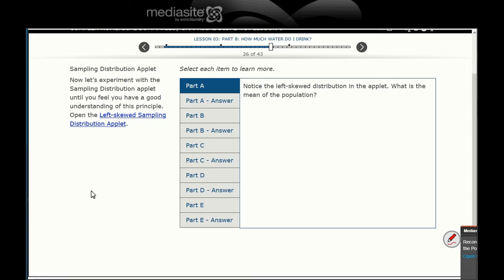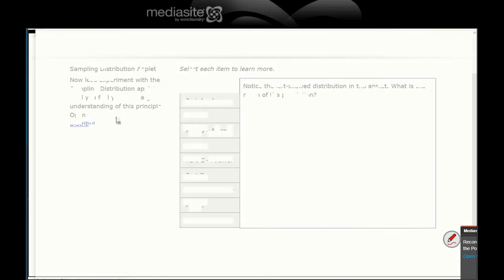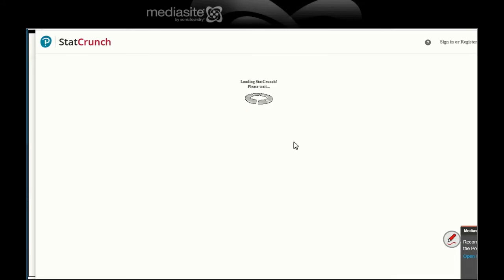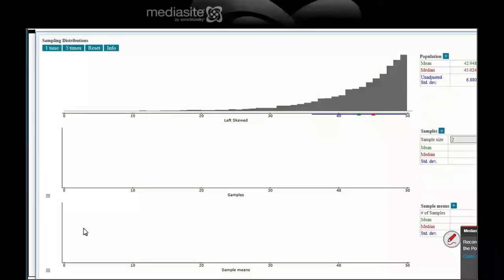Sampling distribution applet. Now let's experiment with the sampling distribution applet. Until you feel you have a good understanding of this principle, open the left skewed sampling distribution applet. Okay, left skewed.